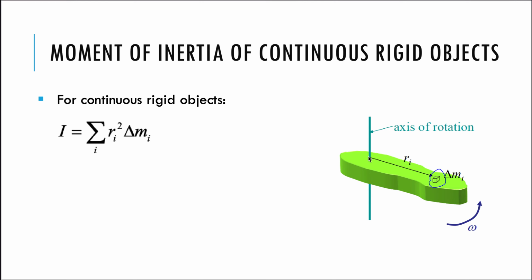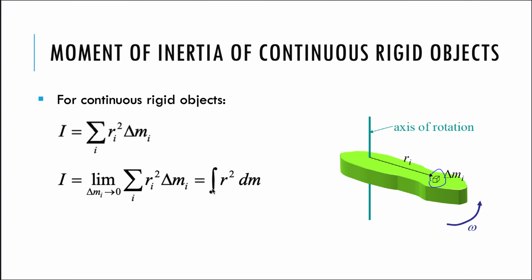The r's are the distances from the axis of rotation to each little mass. And then if we want to approximate the entire object, all we need to do is take the limit as the little masses become very tiny, as the size of the masses approaches 0, and then we have an integral. So very similar process to finding center of mass.